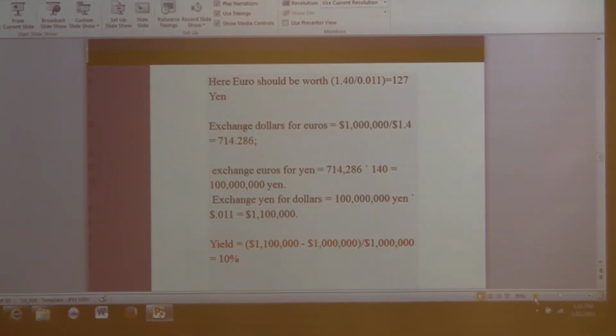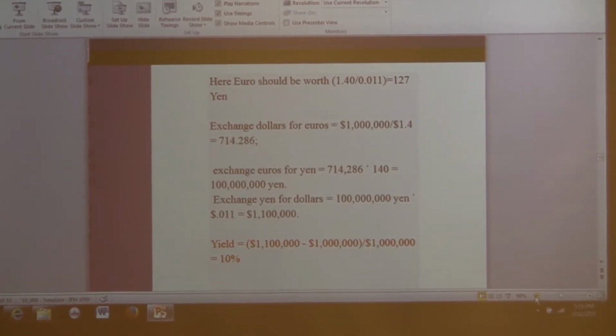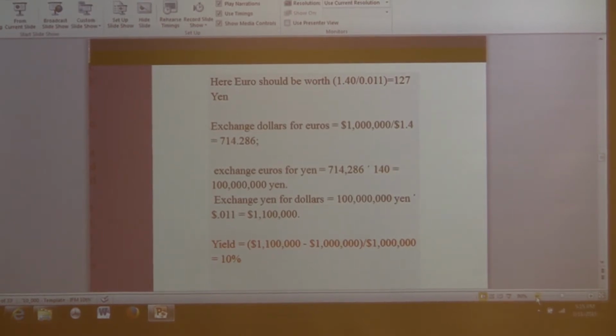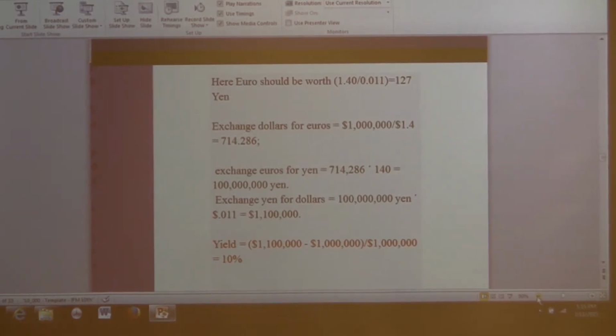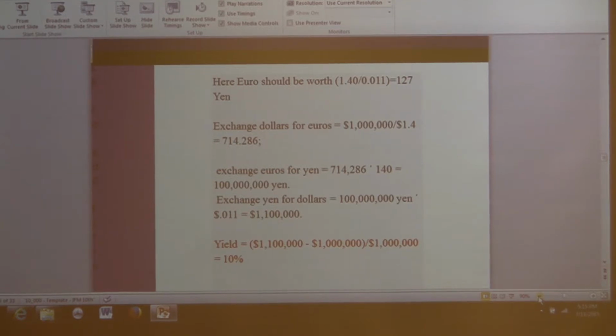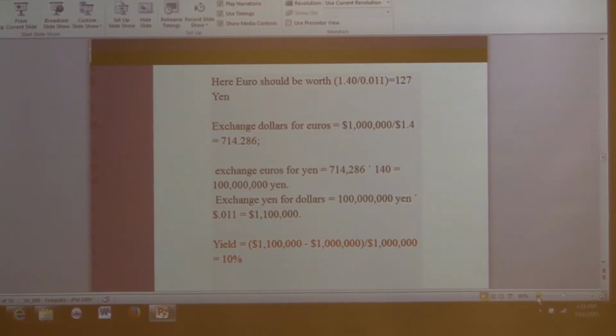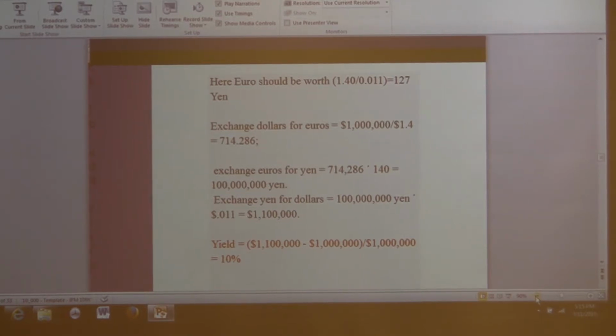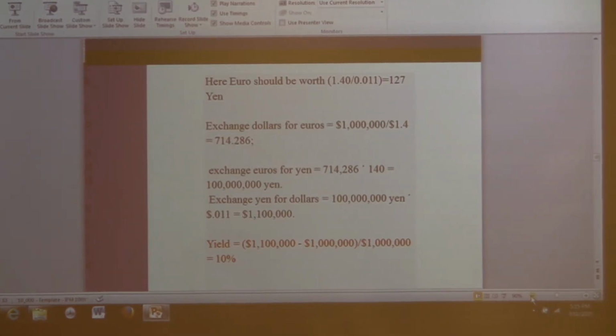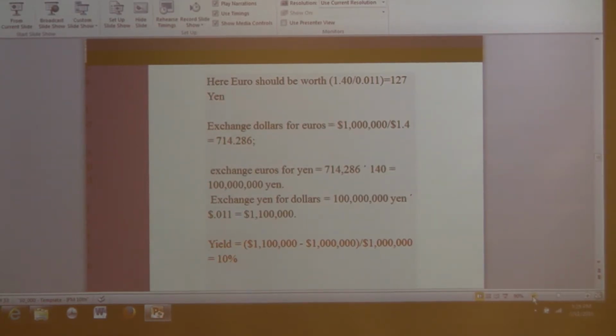So here the exchange rate is 0.011. That gives you $1,100,000. Okay? So what we find here is that you started with $1 million US dollars and you ended up with 1,100,000.